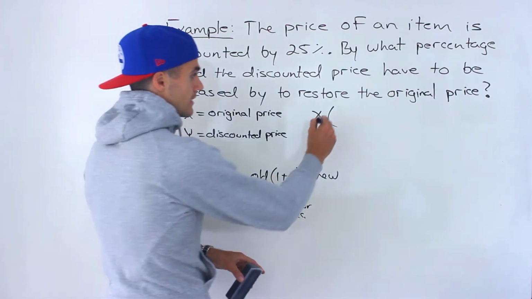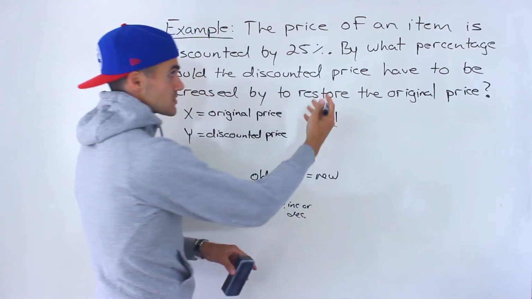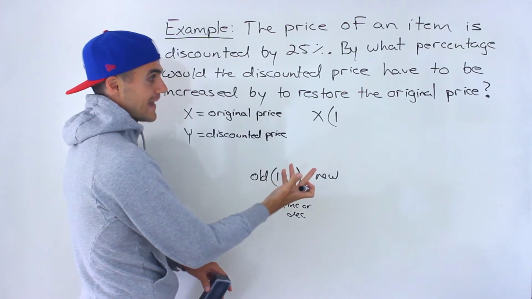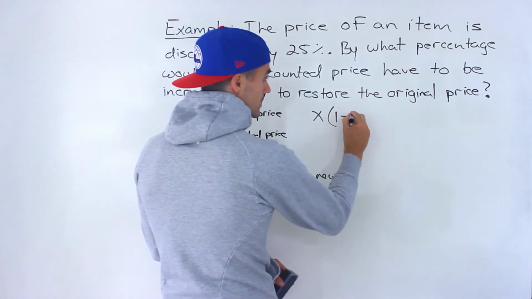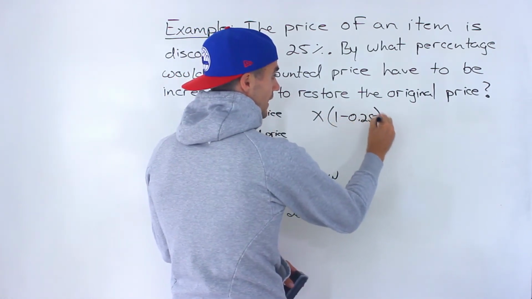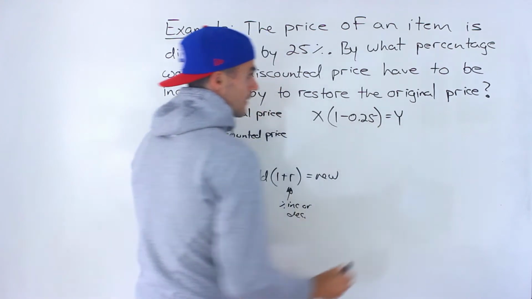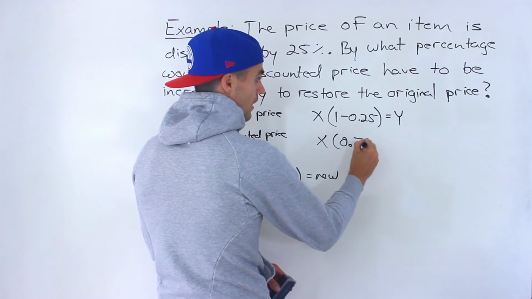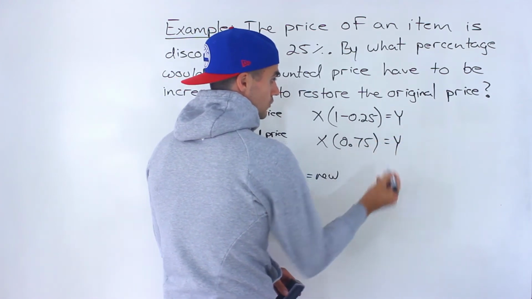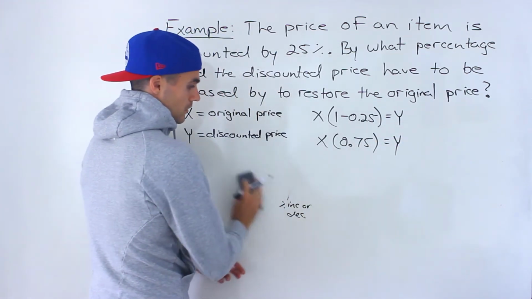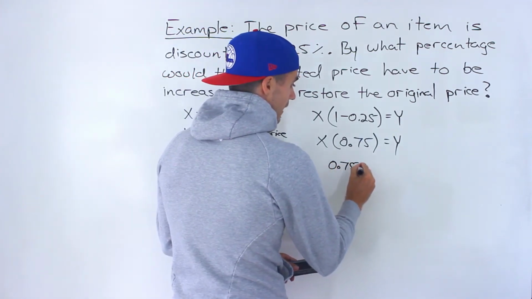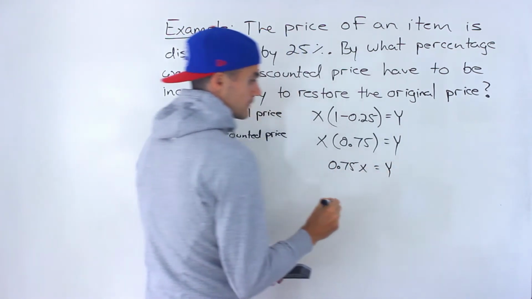Now, because we're discounting by 25%, it would be a decrease, so the r would be negative, and we'd have 1 minus 0.25. And that's going to give us that discounted price. So we'll have x times 0.75, which is equal to y, right? And so we'll have 0.75x is equal to y.